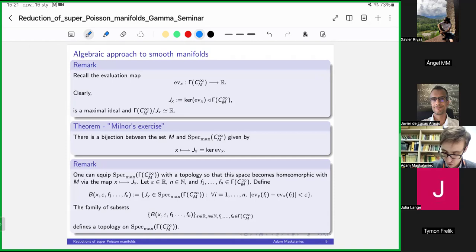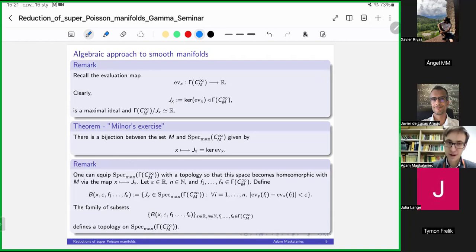So it is also not very surprising that if we have such a bijection, then using those smooth functions, we may reconstruct a topology on this set of maximal ideals in such a way that it exactly coincides with the topology of M. And if we have such a construction, then again, we may consider real valued functions on such a reconstructed topological space.